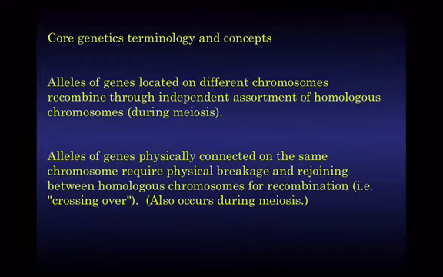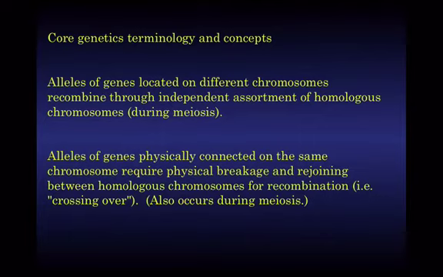So alleles of genes on different chromosomes recombine through a process called independent assortment of homologous chromosomes. This takes place during meiosis. So if 2 genes have their loci on separate chromosomes, you can produce new combinations of alleles for those 2 loci, simply depending on how the chromosomes assort during meiosis.